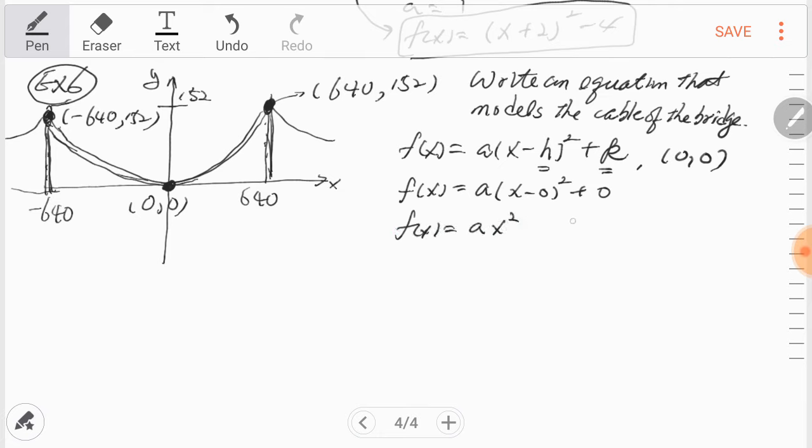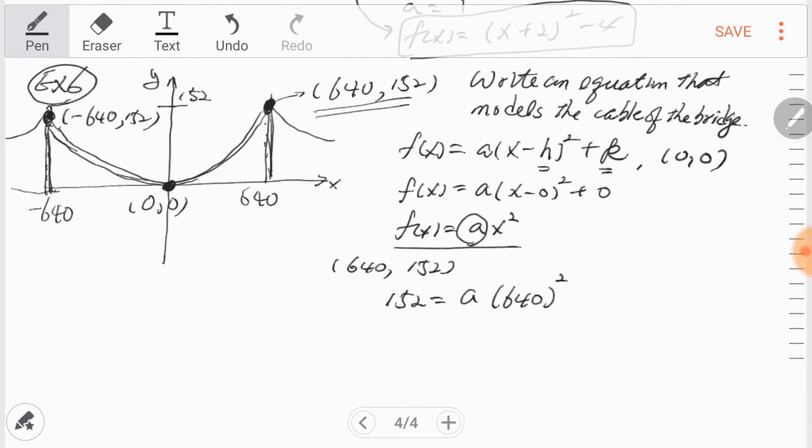All right, we have this quadratic equation. Then we got to find the leading coefficient a. So in order to find this a, we have to use 1 point. So why don't we use this point? So use 640 and 152. So plug it in here. So y is 152, x is 640 squared.